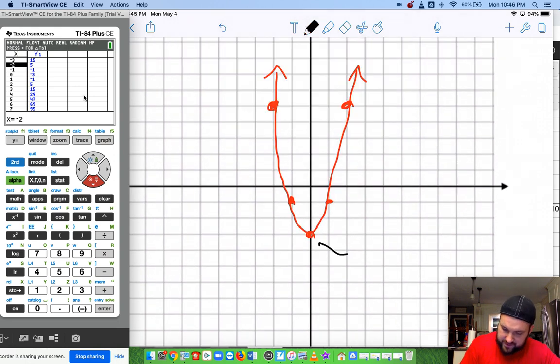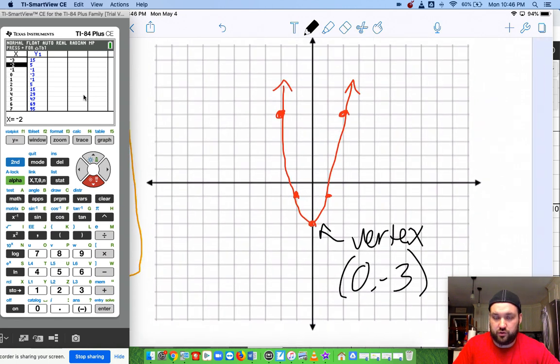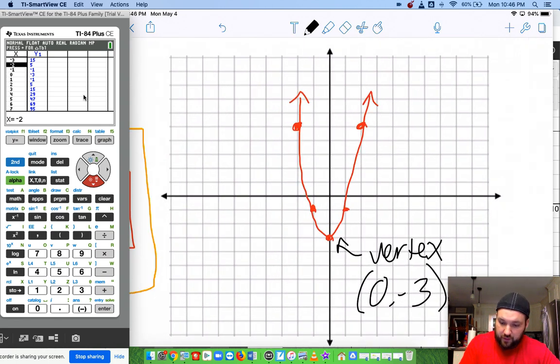The vertex is now down here. The vertex is a minimum, but the vertex is not 0, 0. It's 0, -3. Even though the vertex moved, the line of symmetry, which I've mentioned sparingly, hasn't changed. The line of symmetry, if I wanted to split this parabola in half, would still be straight down the y-axis here, because then the parabola would fold in on itself perfectly.